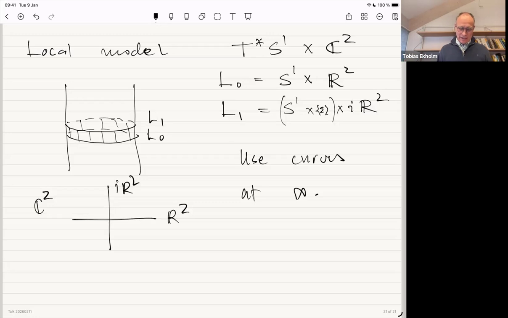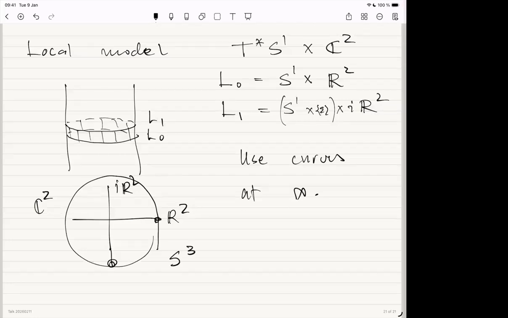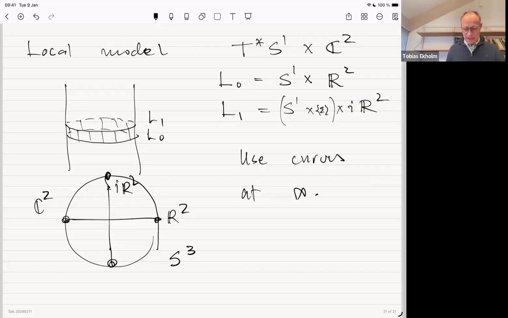And in the C2 direction, if I draw a very large sphere here, it's an S3. And so now I need to understand how these things end here. So it would be S1 times this one-dimensional Legendrian link in S3. And that Legendrian link, of course, is well known. It's the Reeb shift of the unknot or something like that.